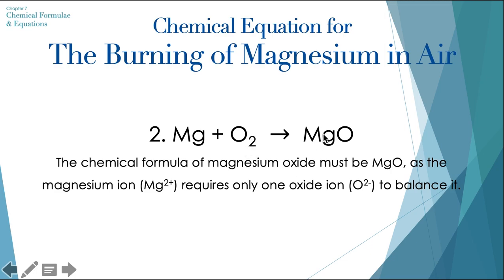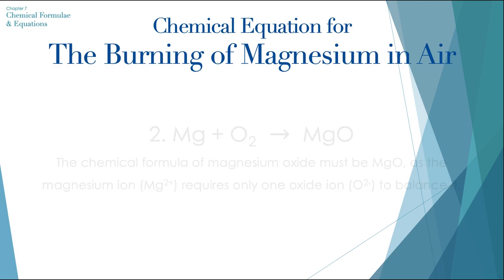And the product becomes MgO. The chemical formula of magnesium oxide must be MgO, as the magnesium ion requires only one oxide ion to balance it, because magnesium has a charge of 2 positive and the oxide ion has a charge of 2 negative.